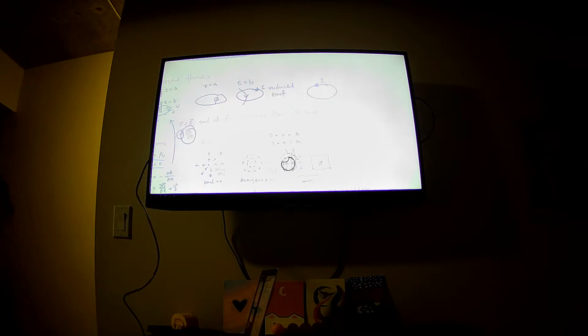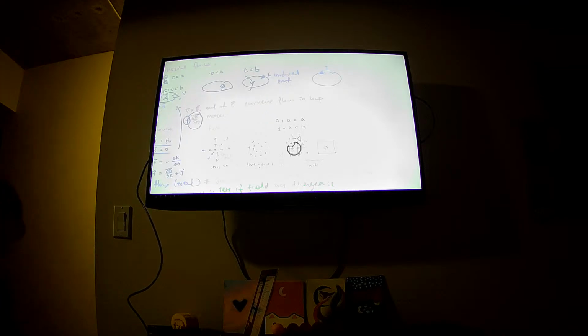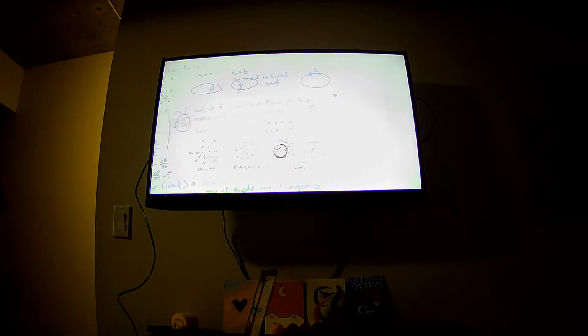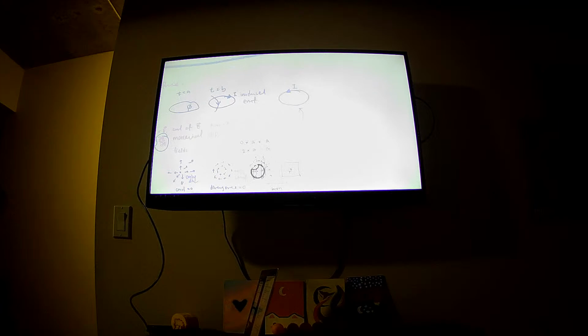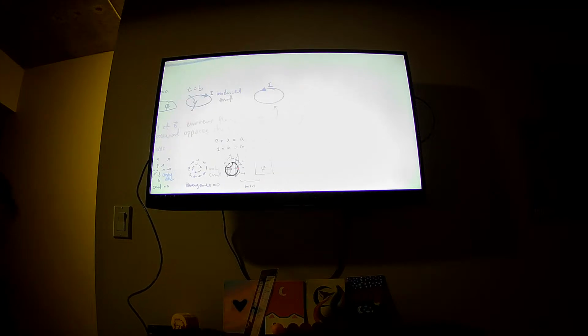So your material opposes change in the magnetic field. Your material is trying to induce a current like this, which goes against how the circuit is. So this is a retarding force, which means that it makes your operation less efficient, right?